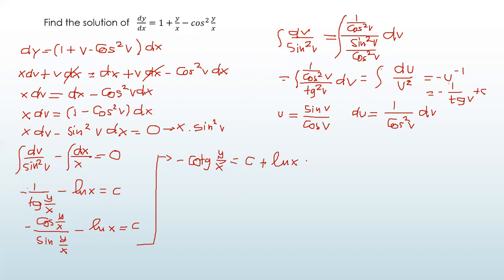And if we multiply by negative 1, it becomes cotangent y over x equal c minus ln x. So this is the solution of this homogeneous differential equation.